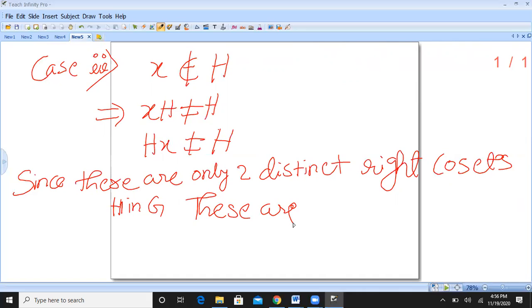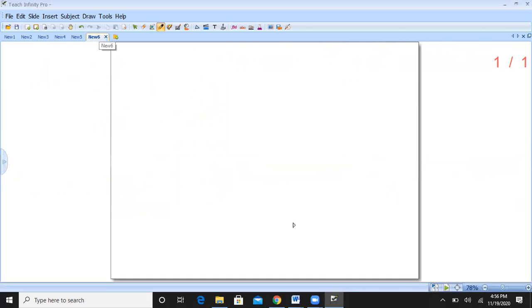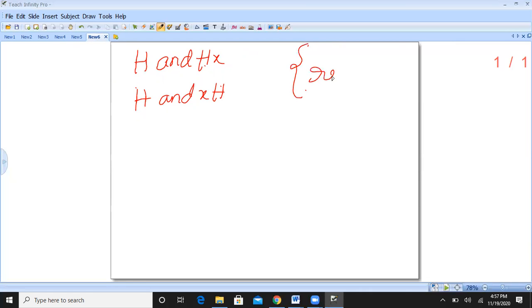So we can say H and Hx, or H and xH. Both are right cosets.